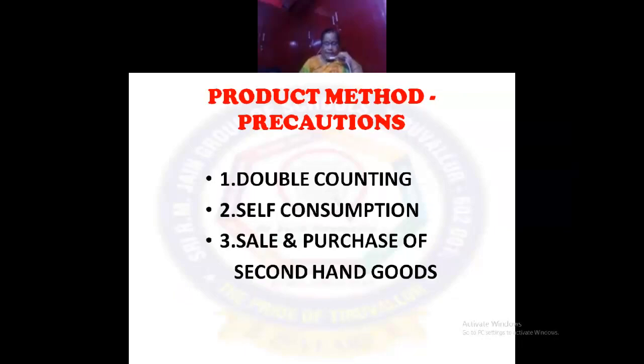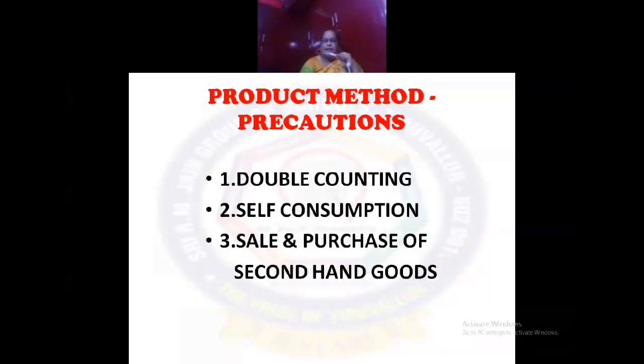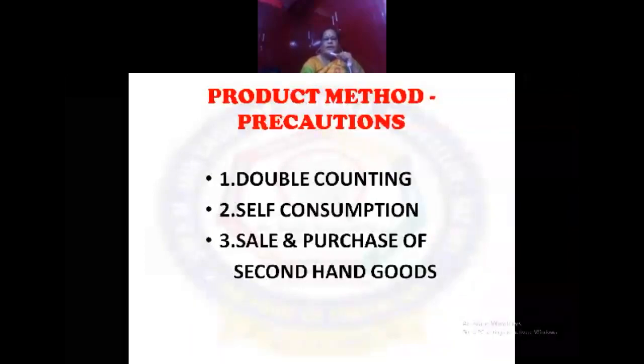These are called durable goods. For example, pre-owned cars should not be included. So, out of these, the second one only should be included, and the first and third should not be included. That is double counting, and sale or purchase of second-hand goods should not be included.